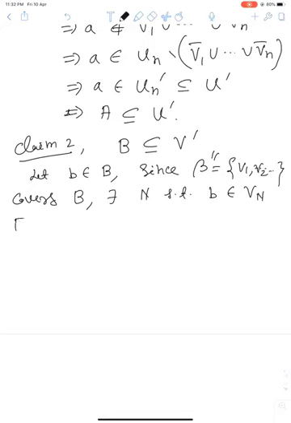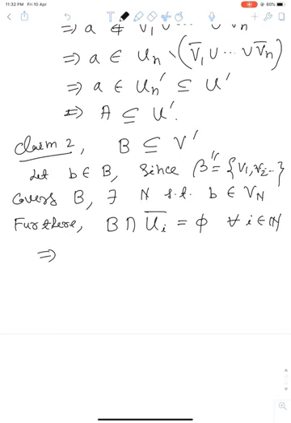Also it is given that B intersection ui closure is empty for all i belonging to the natural numbers, right?